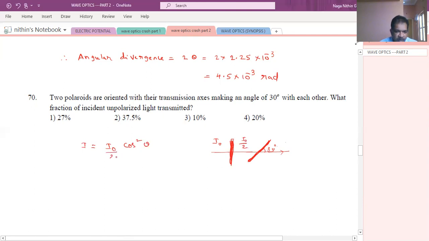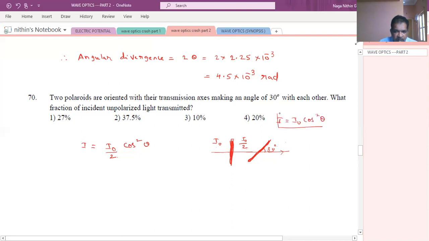I naught by 2, because this is I naught by 2 incident. I naught incident here, it will be half, I naught by 2. On this, I naught by 2 is incident. What is Malus law? I is equal to I naught cos square theta.